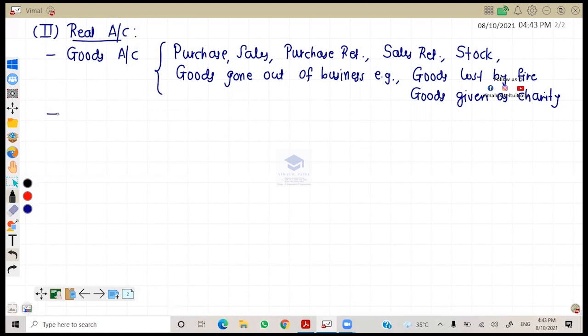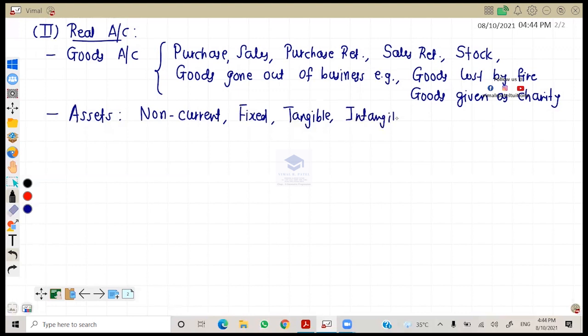Then all the assets, non-current asset, fixed asset, tangible asset, intangible assets, current assets, all are part of real account.